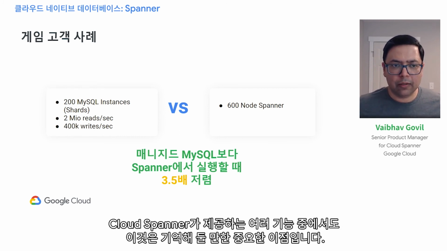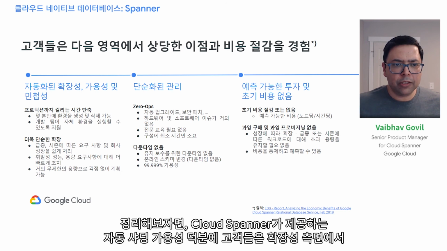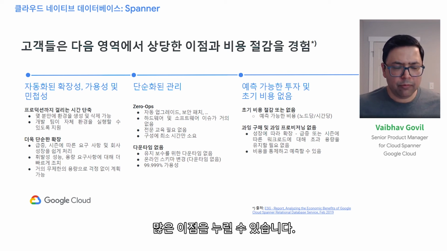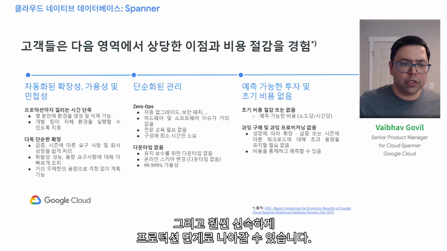So again, please let us know how we can be of help, but this is something to keep in mind. Just to summarize, customers find a lot of benefit with the scalability, which is automated because of the automated sharding, and the availability which Spanner provides. You can get to production much faster.